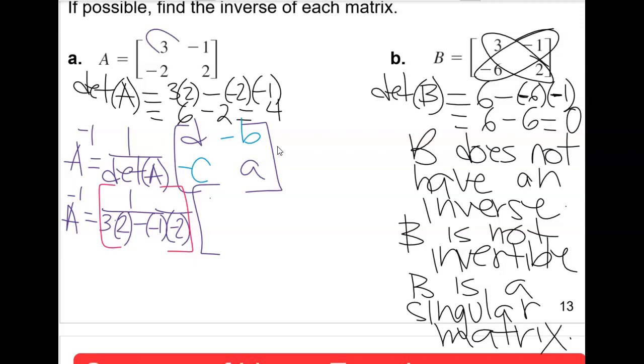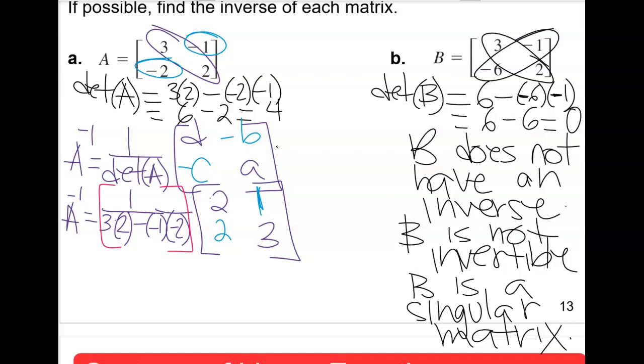If we change places with A and D, the 2 goes here, the 3 goes here, and with B and C, instead of being a -1, now we have a +1. It went from negative to positive. And then with -2, it's going to go to +2. So we just changed the sign to its opposite.